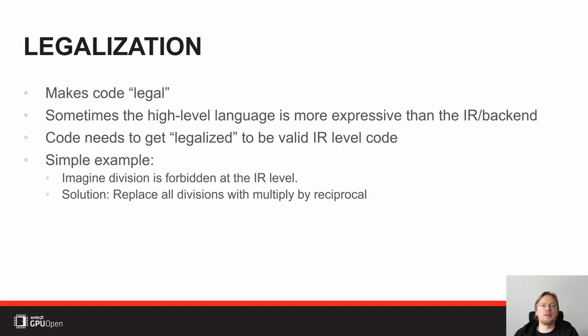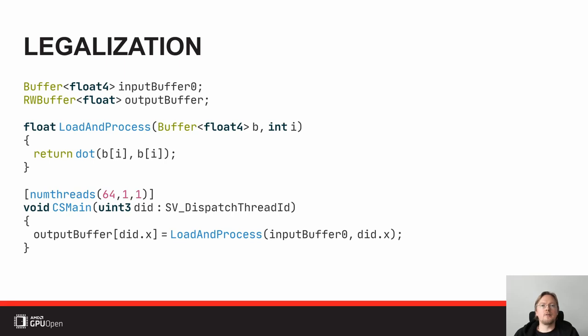So instead of writing A divided by B, you would have to write A times reciprocal B. That's clearly not very efficient. And one day there might be hardware which has divisions, and then you probably want to take advantage of them. So instead, this part is done in the front end as part of the legalization step. In the legalization step, the front end will see a division and it will just replace it with a multiply with a reciprocal.